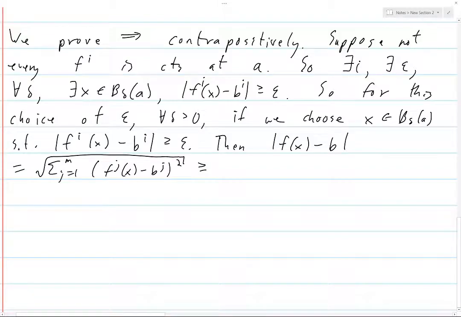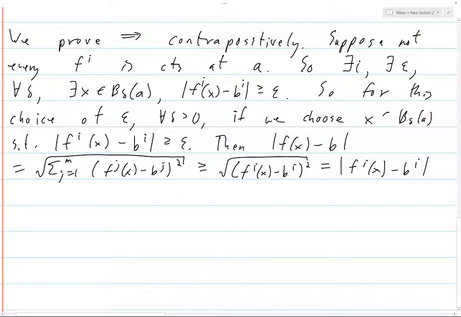Okay, so this is equal to this. Well, this is going to be greater than or equal to just that particular fi of x minus bi, squared, with the square root taken. So this is just the absolute value of fi of x minus bi. But by our choice of epsilon, delta, and x, this is going to be greater than or equal to epsilon.